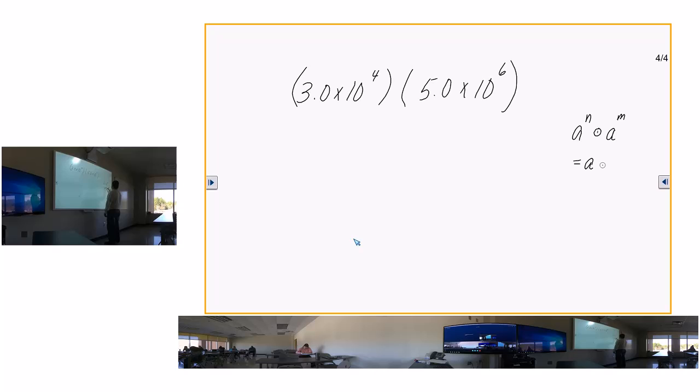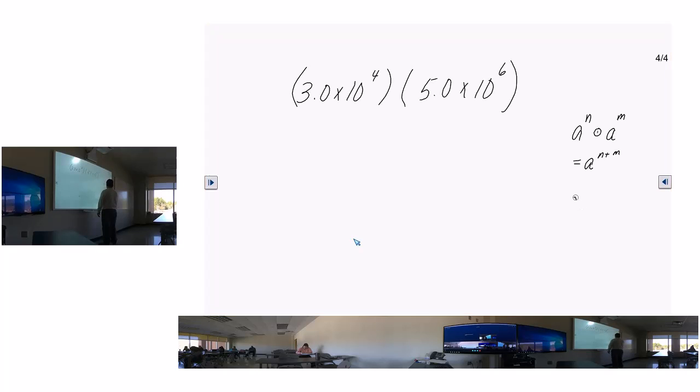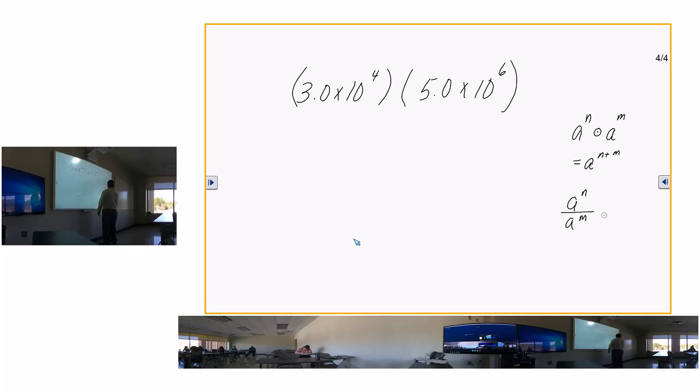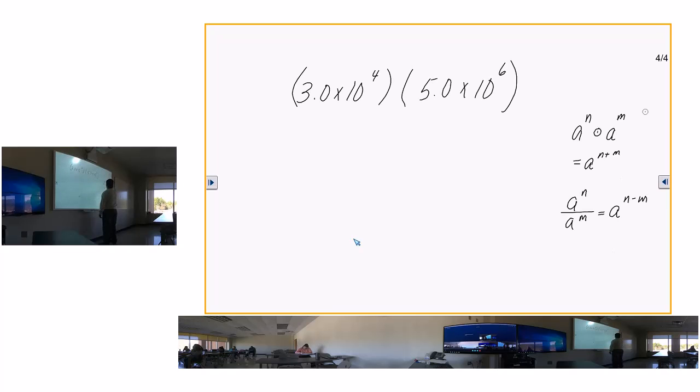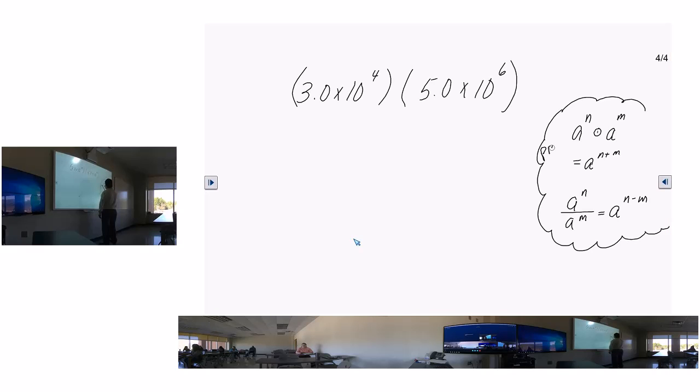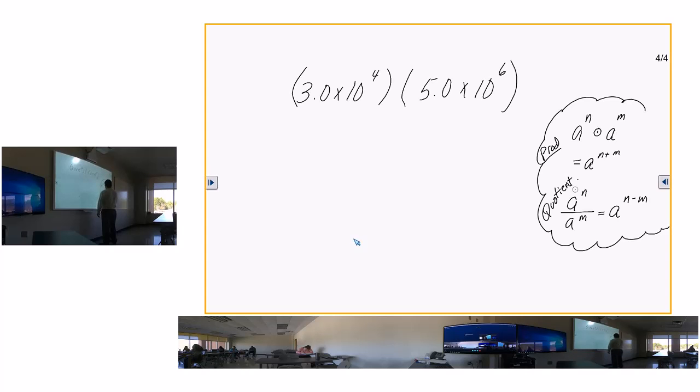So that'd be a to the n plus m. If you're dividing, a to the n divided by a to the m, what do you do? You subtract, n minus m. Okay, so there are your 2 rules of exponents right there. This one's called the product rule, and this one's called the quotient rule. Y'all should have seen this in pre-algebra or algebra 1. Okay?